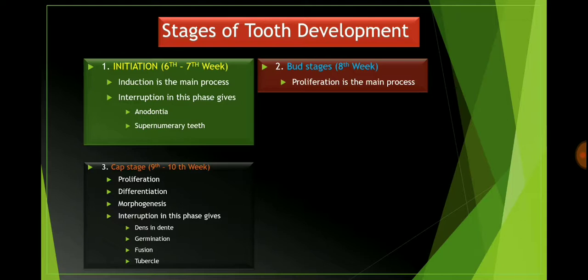Also germination, fusion, and tubercle. A tubercle is when there's an extra enamel-like structure on the enamel. The cusp of Carabelli sometimes looks like a tubercle, and the talon cusp also is an example of a tubercle.